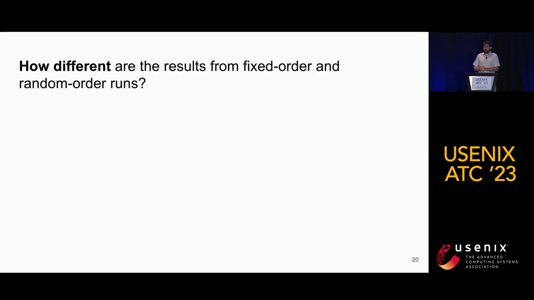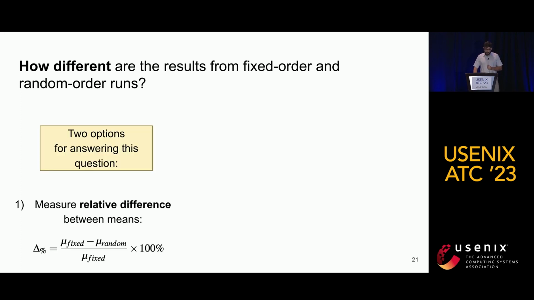All right, now one may ask, how different are the results? Technically speaking, statistical tests can tell us that the results are different in a statistical sense, but the differences may still be fairly small. So we're trying to assess the magnitude of the effect, and we can do something very simple. We can measure relative difference and express it in percent.